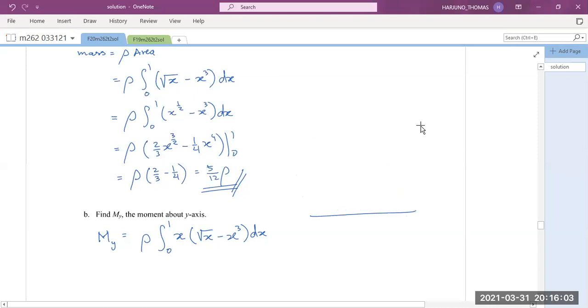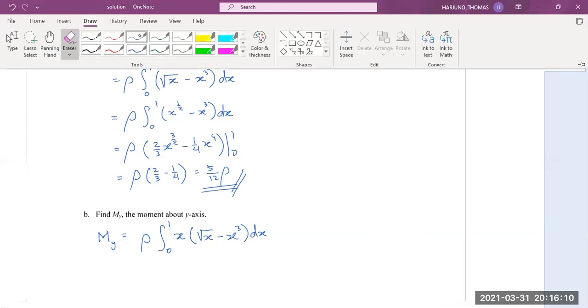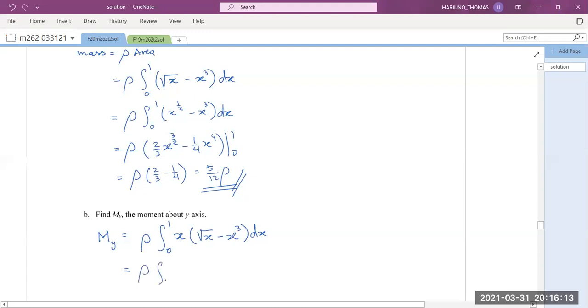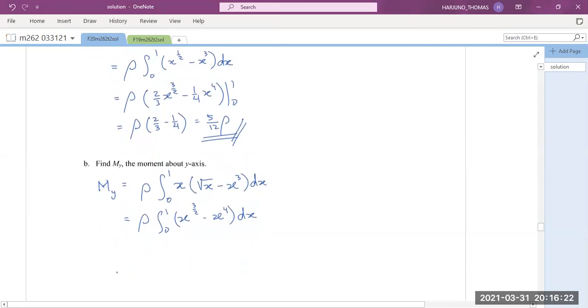So this is rho integral 0 to 1 of x to the power of 3 halves minus x to the 4th dx. This equals rho times 2/5 minus 1/5. That's 1/5 rho.